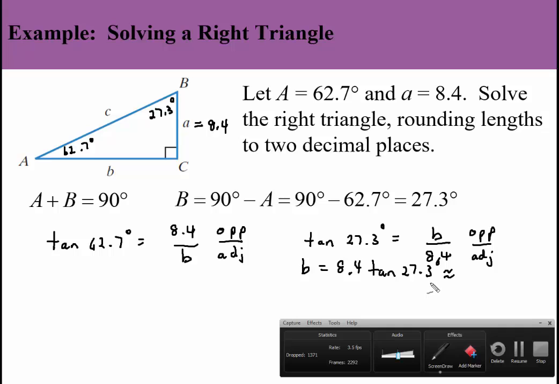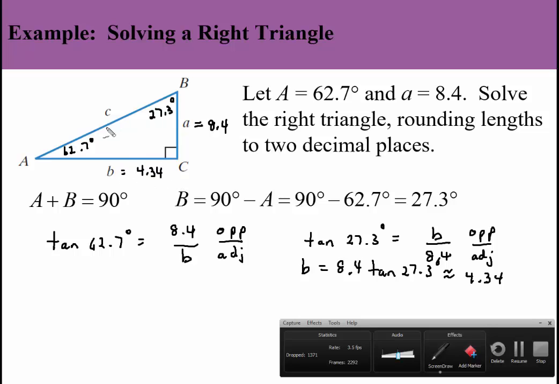So do that, and I'm going to hit pause real quick and get my calculator. All right, I'm back, and when I hit 8.4 times the tangent of 27.3 degrees in degree mode, I got about 4.34 for the length of side B here.